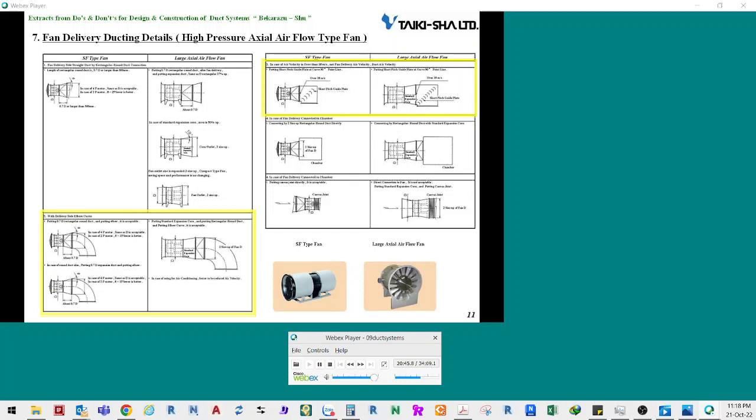For large-size axial flow fans, a curved rectangle to round duct can be connected to the fan through a standard extension cone. If the wind velocity in the duct is faster than 18 meters per second, small pitch guides must be attached to where the duct is curved.